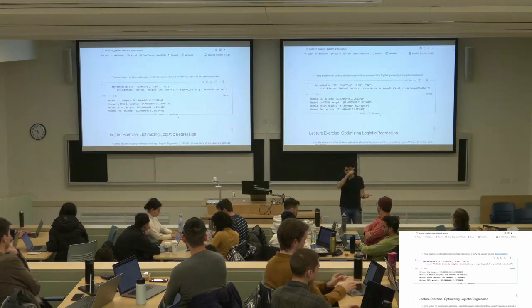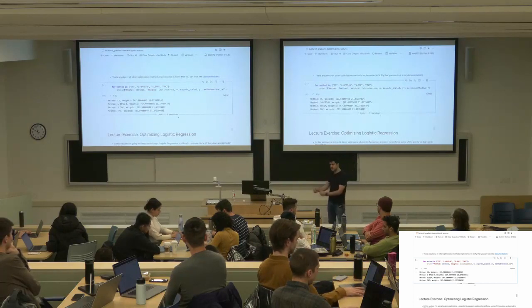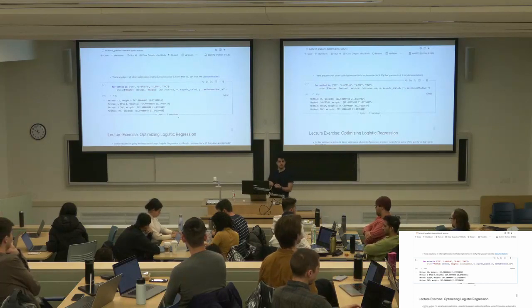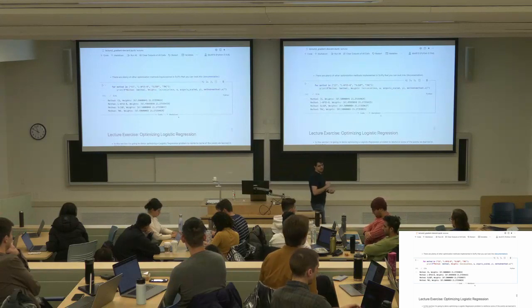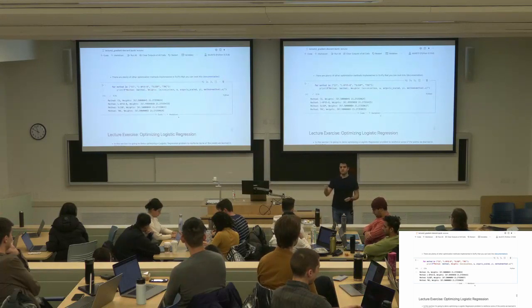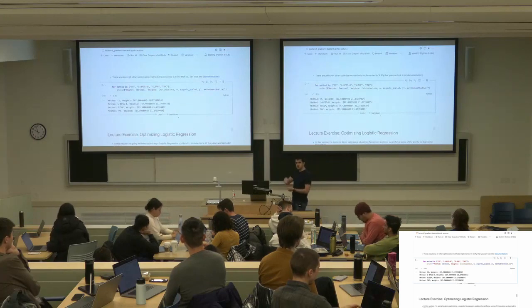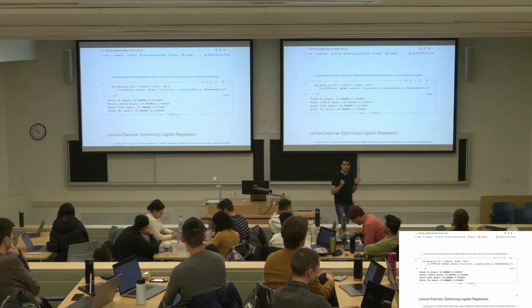You may be able to take larger steps and converge on the actual minimum much faster, right? But here's the thing. In order to do that, you have to compute the second order derivatives. And second order derivatives are okay as long as we are in just one dimension. But when you go to higher dimensions, that will be a mess. And it's computationally very, very expensive to do that.